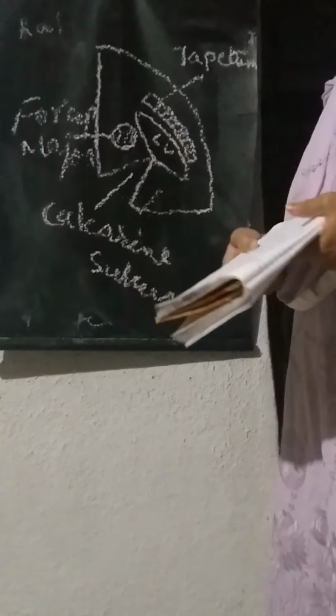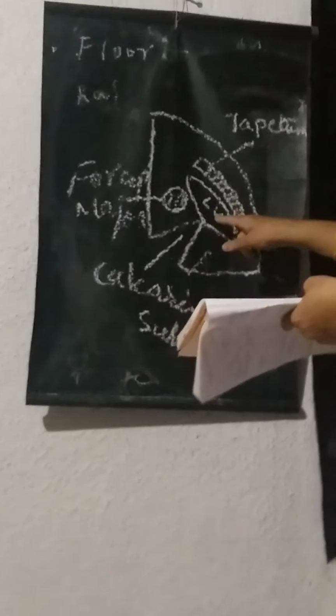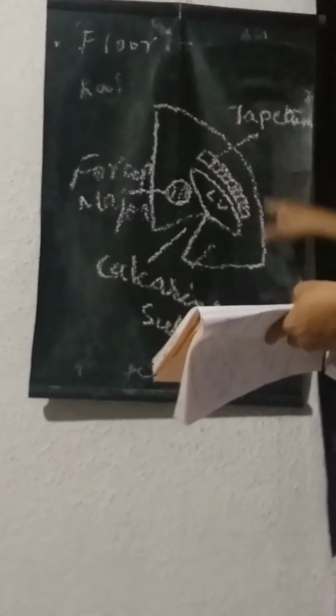Now to repeat again, the posterior horn of the lateral ventricle has two boundaries, the roof and the floor. So see, this is the section of the lateral ventricle inside this cerebral hemisphere.